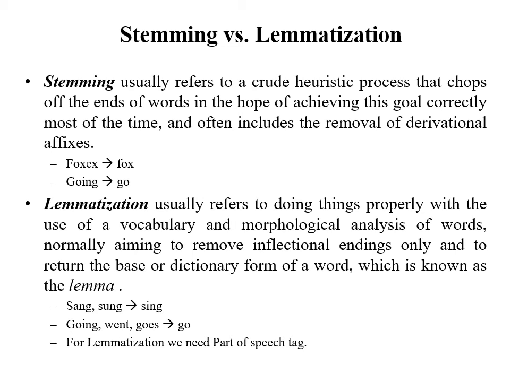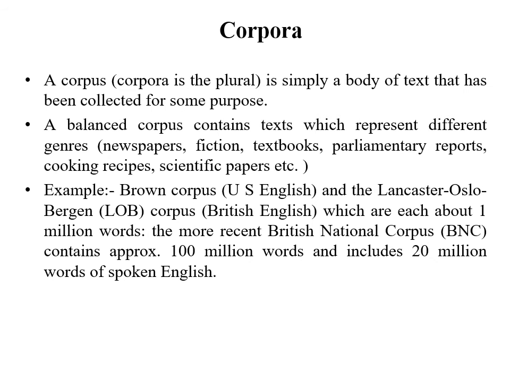Suppose you have the words sang, sung, then if you give them to lemmatization, they are converted into the proper form "sing", because sing is the proper form of sang and sung. And if you give it the words going, went, goes, it will convert them into the word "go". For lemmatization, we need part of speech tags. So with the help of part of speech tagging, we can find the lemma.